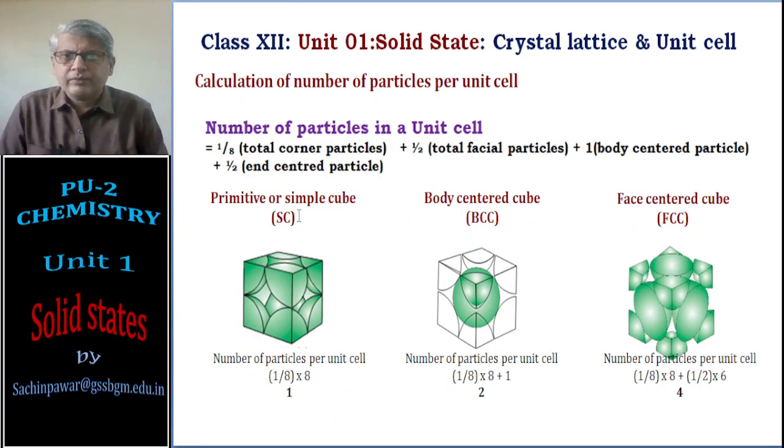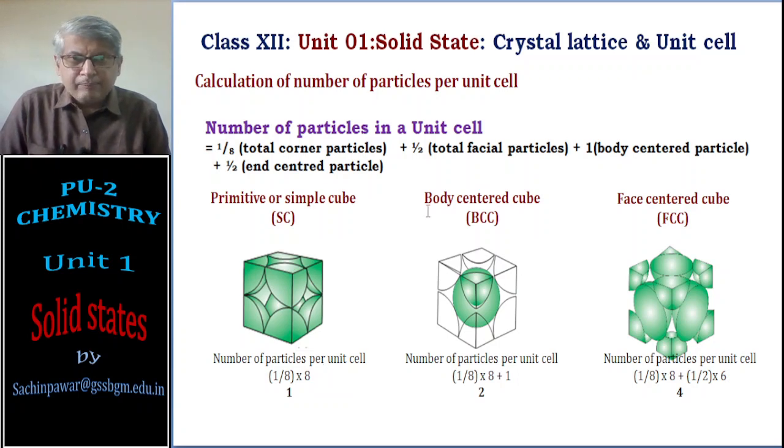Okay, so primitive simple cube. Just see, only corner particles are there. So if I want to find out the number of particles, then it is 1/8 into how many corners are there in a cube? 1, 2, 3, 4, 5, 6, 7, 8. 8 corners. So it is 1/8 into 8, plus no face centered particles here, no body centered particle in primitive, and no end center.